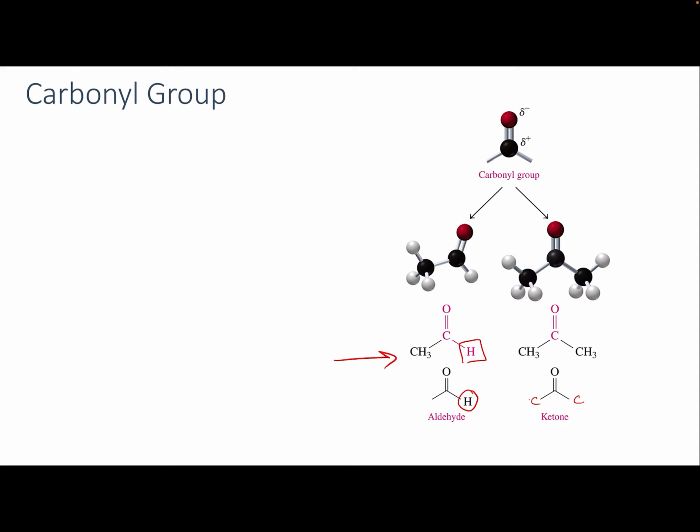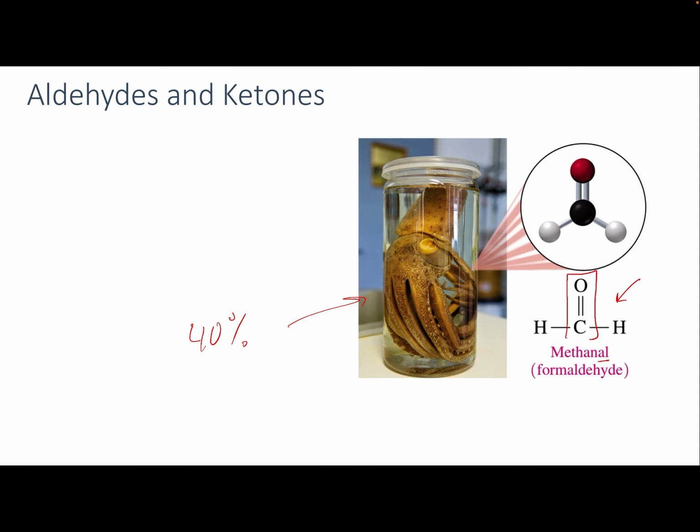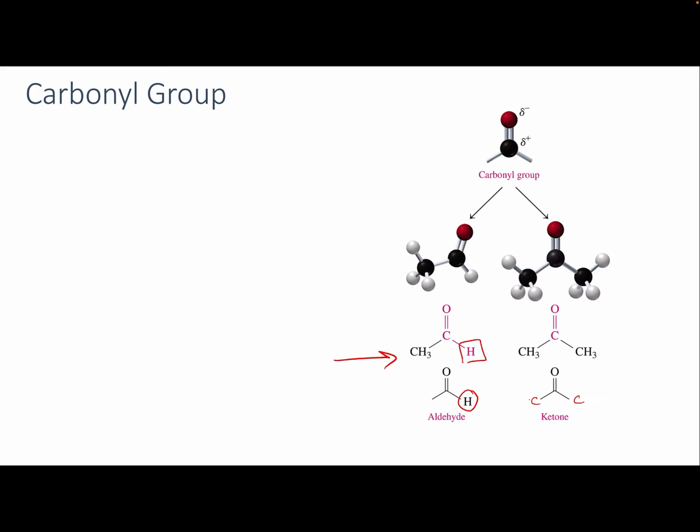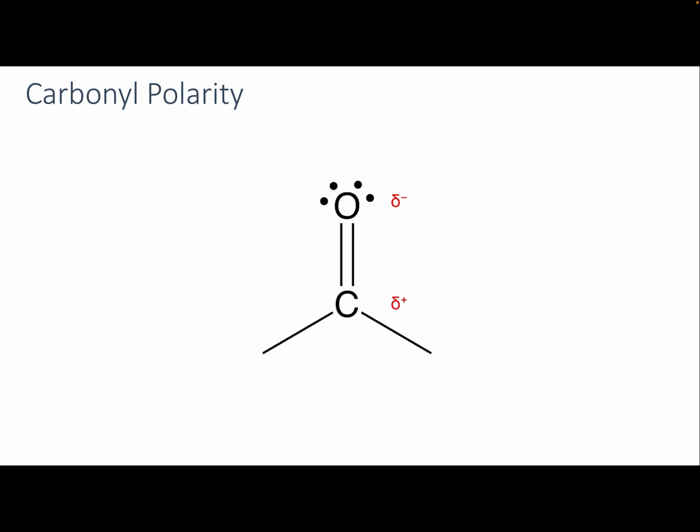An aldehyde can have two H's, like we saw here, but it has to have at least one. Aldehydes and ketones with that carbonyl group end up being at about a 120-degree bond angle. So these are trigonal planar, so this is a flat sort of group. So ketones are carbonyls with carbons on them. An aldehyde is a carbonyl with a hydrogen, at least one hydrogen.